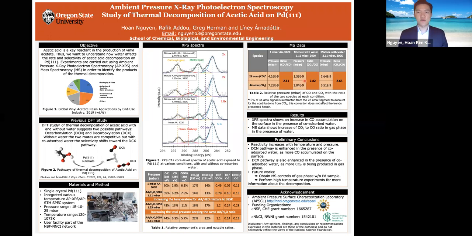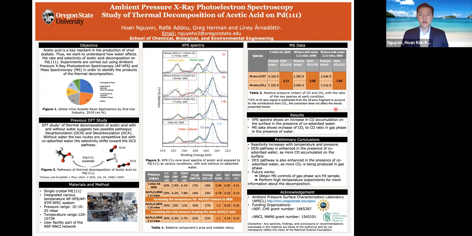And comparing the exposure of just acetic acid to the exposure of acetic acid with water at 2 different pressures, you can see the ratio of carbon dioxide to carbon monoxide increases from 2.11 to 2.82 and 2.65. Now, the mass spec data shows an increase in carbon dioxide to carbon monoxide ratio in the gas phase in the presence of water.